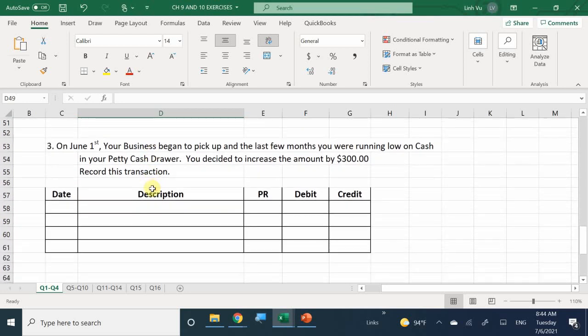All right, so question number 3 says that on June 1st, your business began to pick up, and the last few months you were running low in the petty cash drawer. So you decided that you need to increase the amount by $300. In this case, how are we going to record an increase in my petty cash drawer?